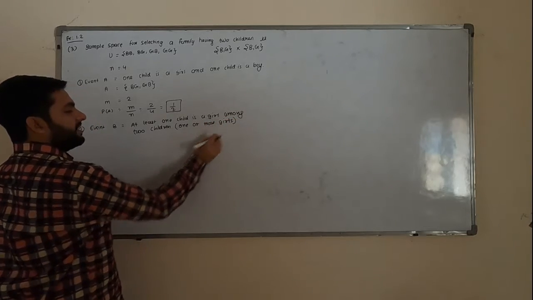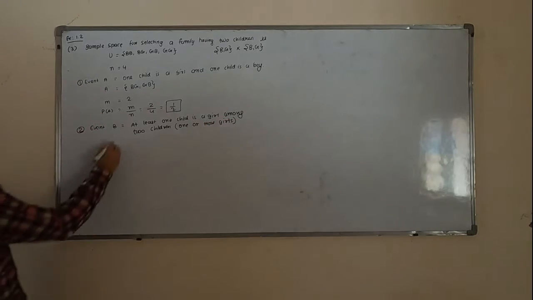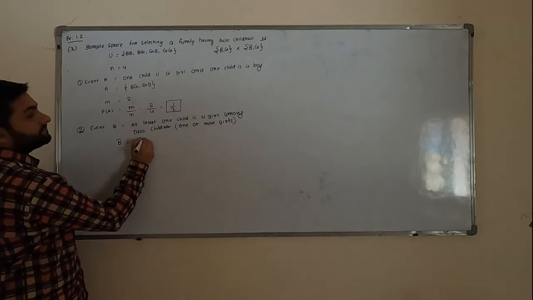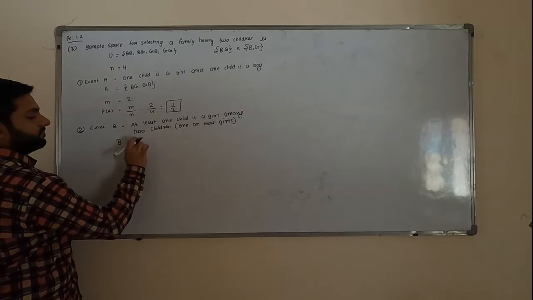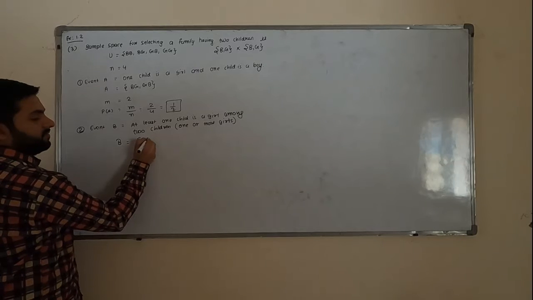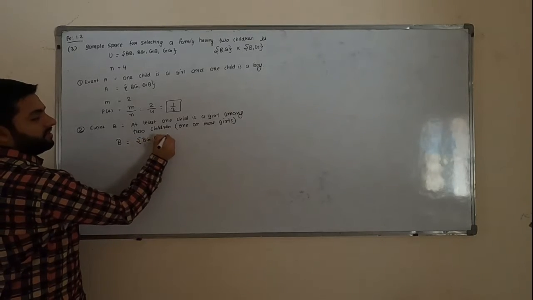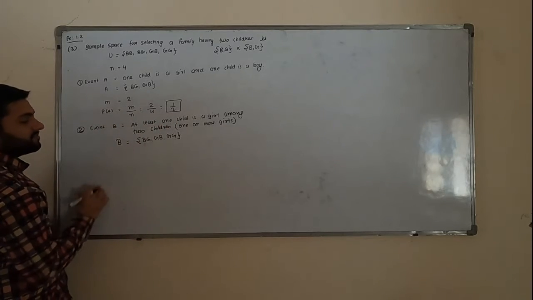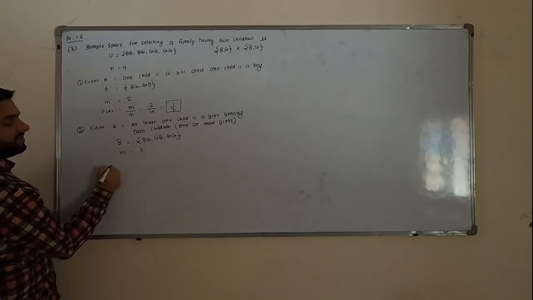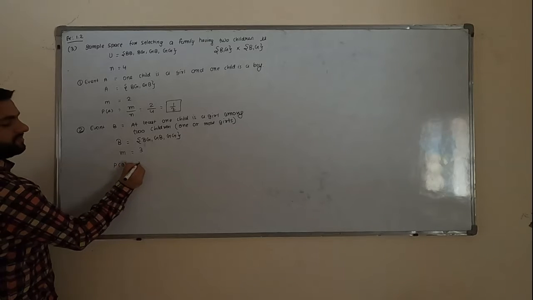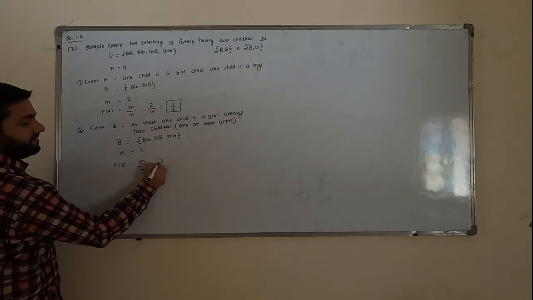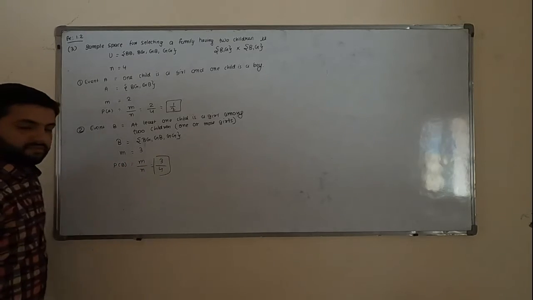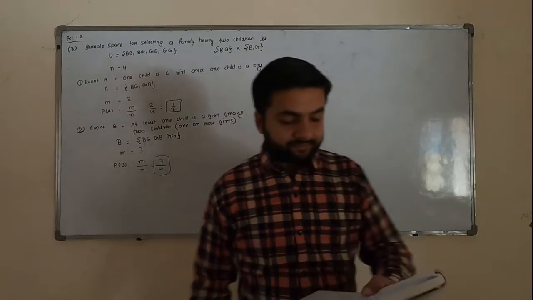So the elements of set B are boy girl, girl boy and girl girl. All are possible because one is okay, and more than one is also okay. So m equals 3. Probability of event B is m by n, 3 by 4, is the answer. Okay, so this sum is over.